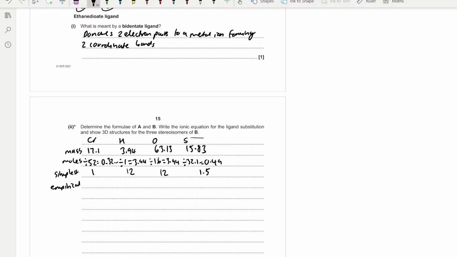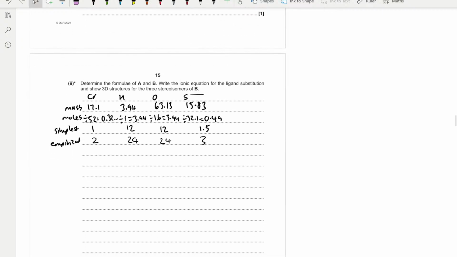So then we need to multiply by 2 to get 3, and do that the same for all the others. So then our empirical formula is Cr2H24O24S3.